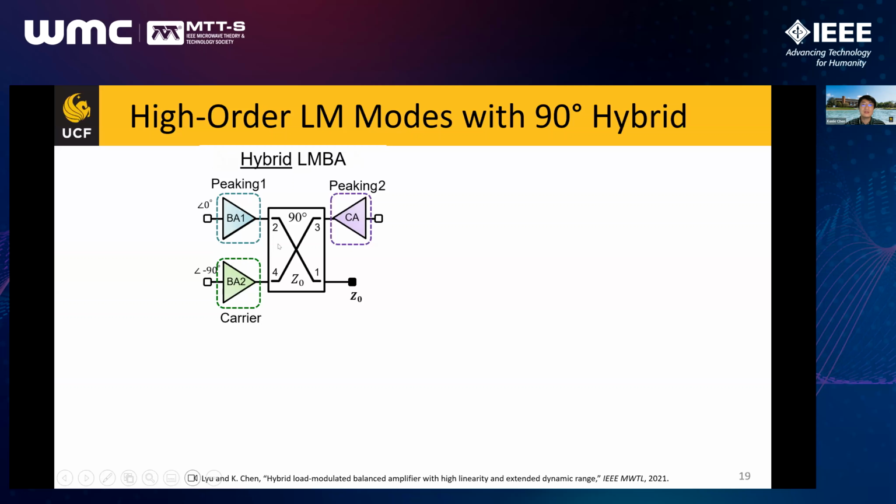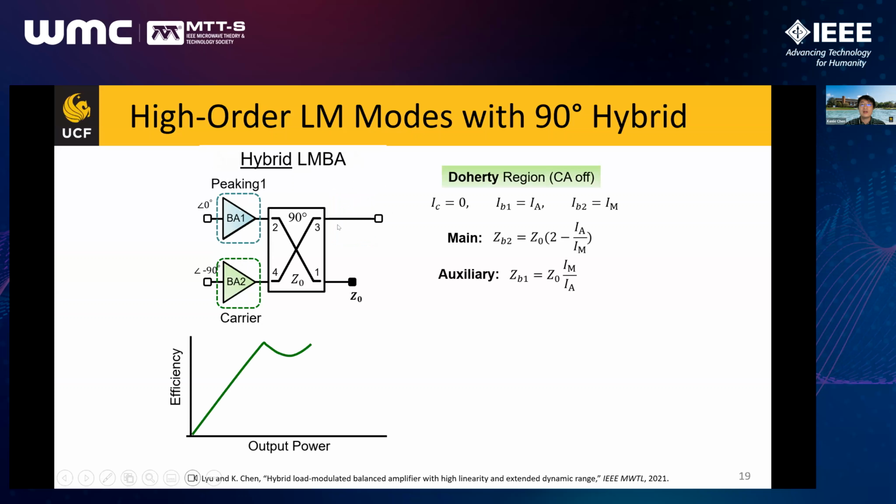So basically, here we have two peaking amplifiers, one is BA1 and the second is the control amplifier, and they can be turned on at different power backoff levels. At the lower backoff, we only allow the turning on of BA1, so with the control amplifier turned off, BA1 and BA2 basically create an ideal parallel Doherty PA, with this design equation.